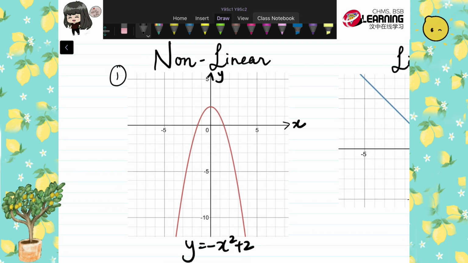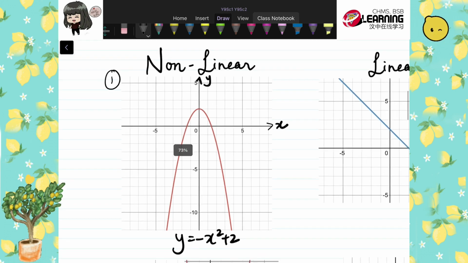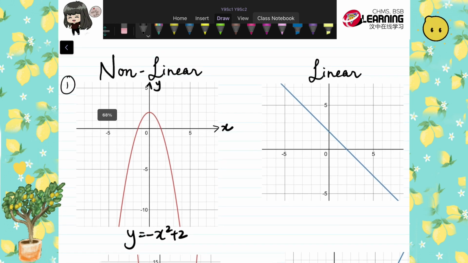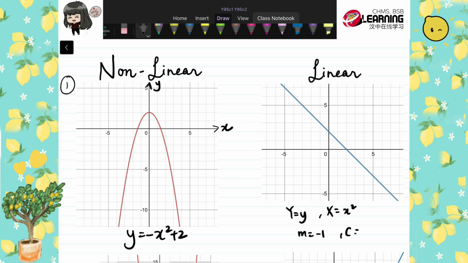My big Y is Y, my big X is X. This is how the graph looks like. And if you want to transform to linear, this one I already prepared for you. The linear, I already drew it out. Just now we wrote here our big Y is Y, our big X is X squared, right? And your gradient is negative 1 and your C is 2. This is the same question as just now.